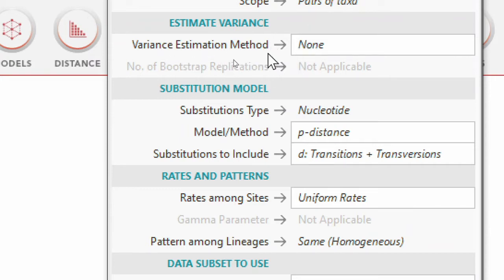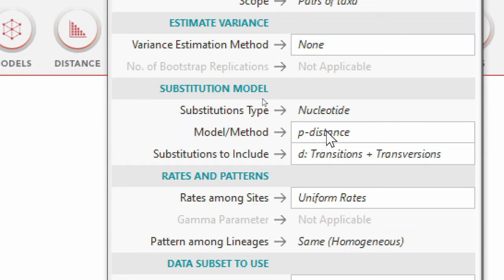We are not going to use sophisticated bootstrapping, stability tests and reliability tests for now, so we will put none here. Substitution type, nucleotides. We're going to play with nucleotides. And the models. In the models, we choose p-distance.